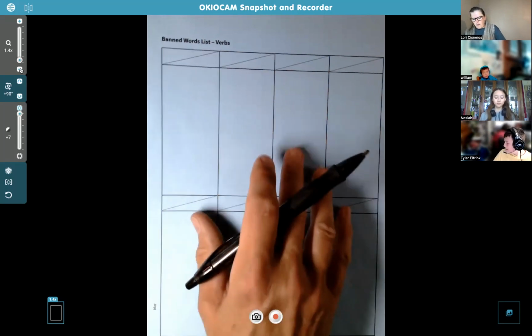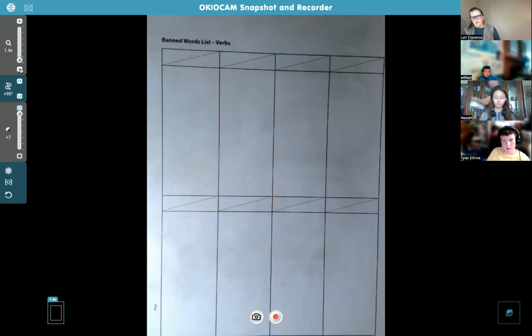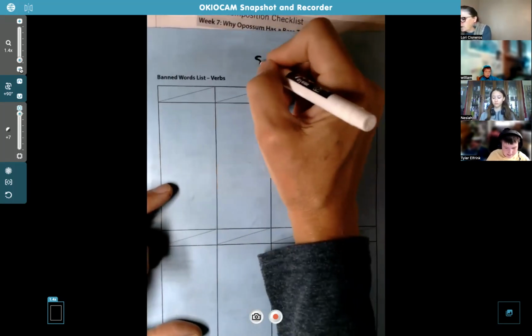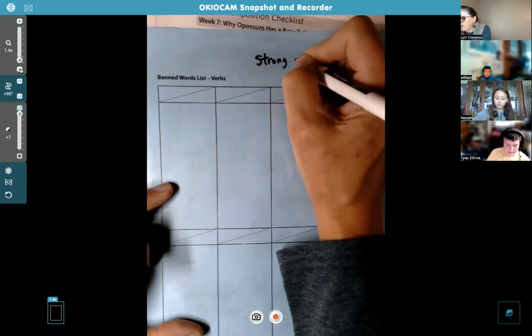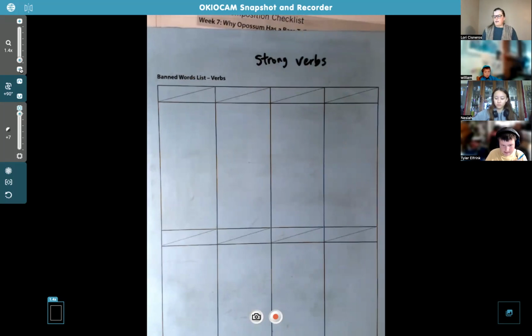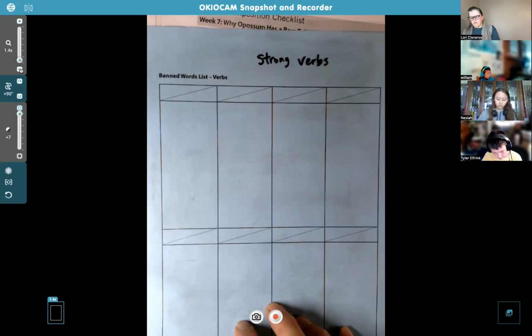In fact, on the top of this page, I want you to write strong verbs so you remember the ones that we listed here in place of the banned words. You can use those. Anything that tells an action is going to be a strong verb.